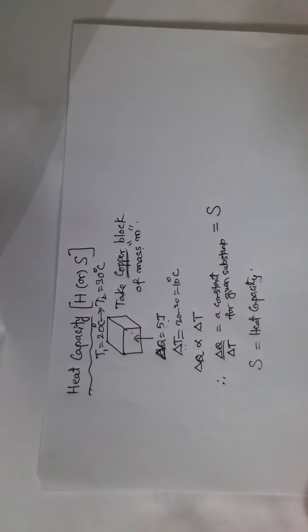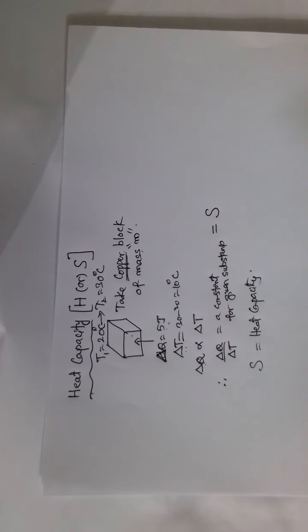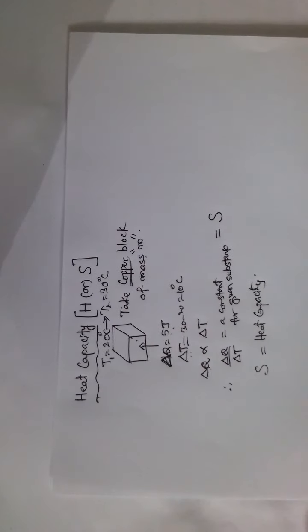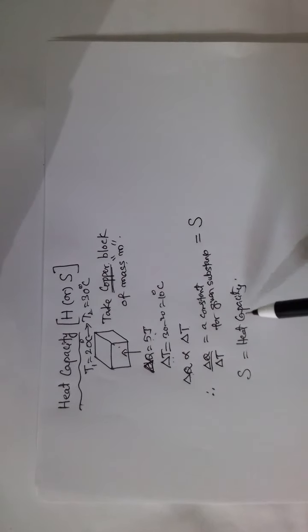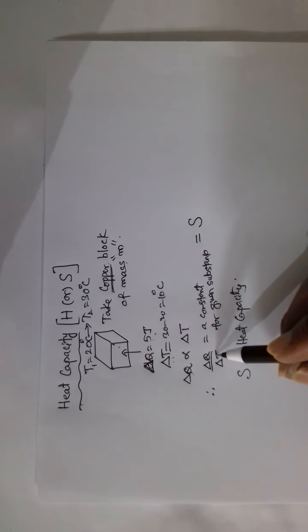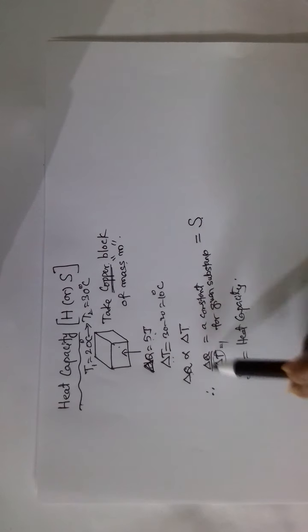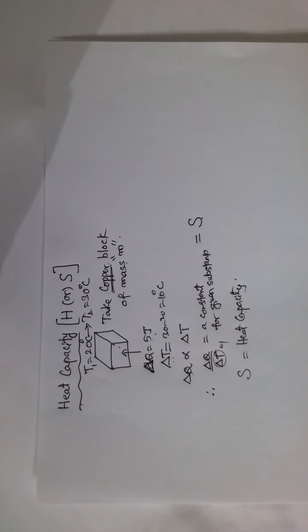Now if you want to define the heat capacity, what all you have to do is make the denominator equal to 1. Then what happens? S becomes equal to delta Q. That means the energy required to increase temperature of a substance by 1 degree centigrade is called its heat capacity.